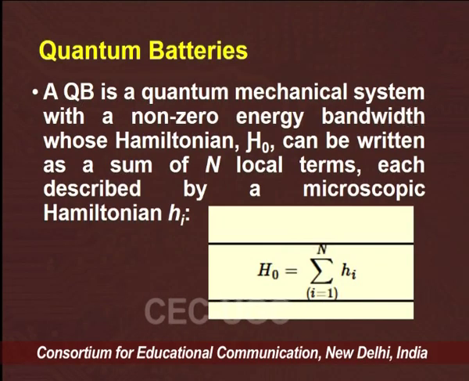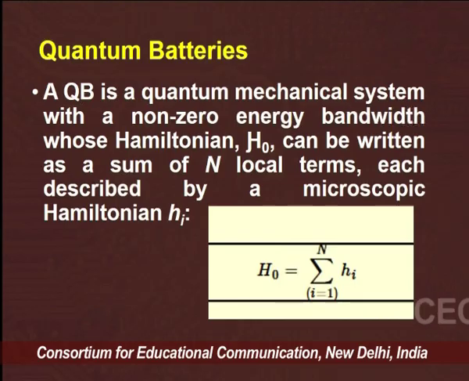If we talk about a quantum mechanical system in the quantum battery with a non-zero energy bandwidth, whose Hamiltonian H naught can be written as a sum of local terms, each described by a microscopic Hamiltonian Hi.